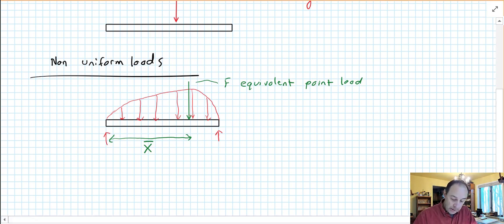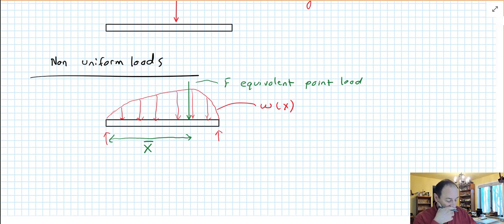And this line represents the distributed weight, the distributed load, as a function of x. So just looking at it, we can get that information, but we don't know exactly where F is or exactly what the value of F is.